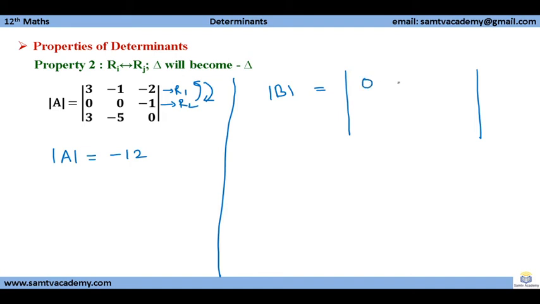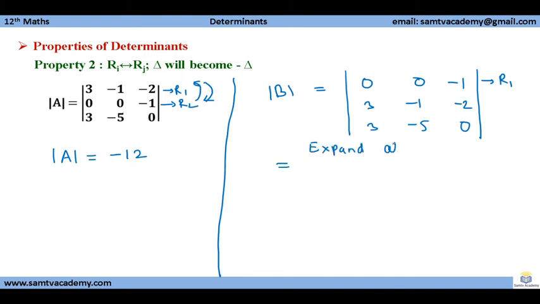So we will write here 0, 0, minus 1, 3, minus 1, minus 2, 3, minus 5, 0. Now we will solve this and see what the answer is. As we know, in R1 two zeros are there, so we will expand along R1.